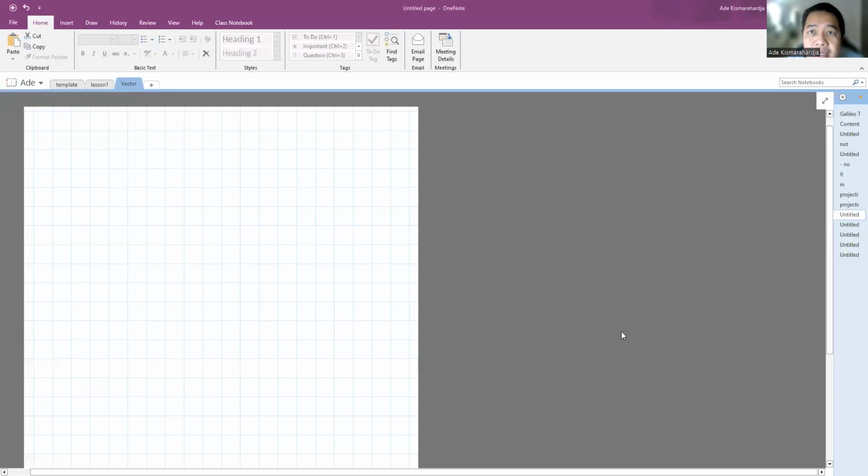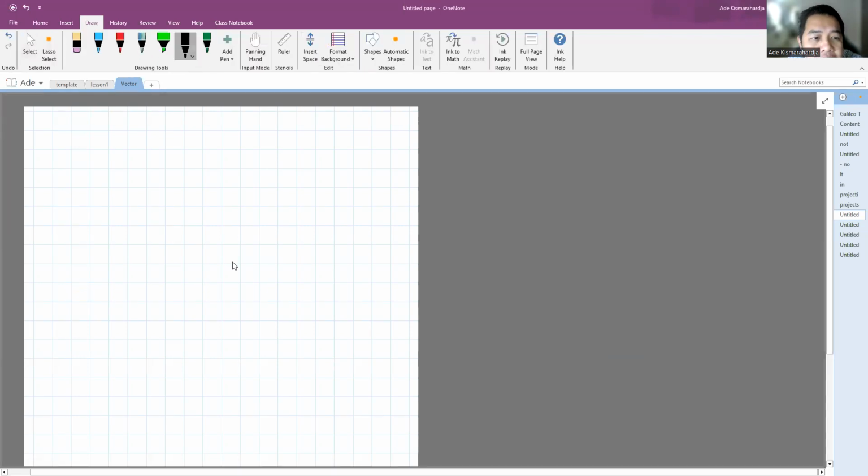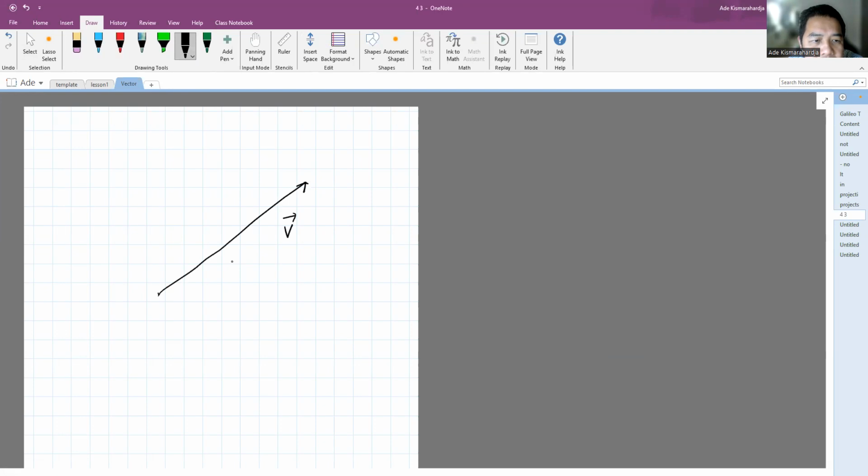Right, so today I'm going to discuss the cross product. Now, let's have, again, for example, two vectors. This is the first one, V, and this is the second one, U. Previously, I showed you that when you look at one of them, for example U, it has two components.